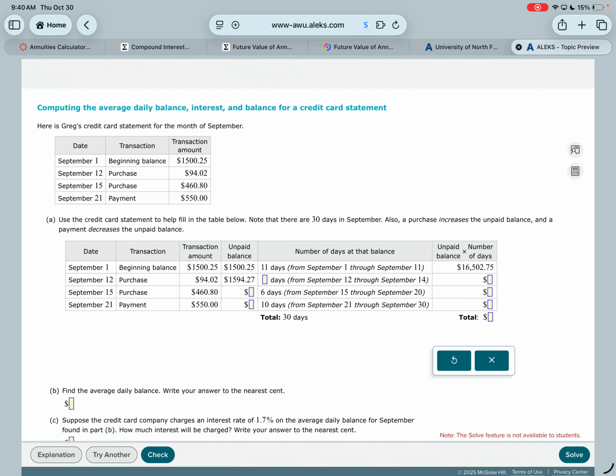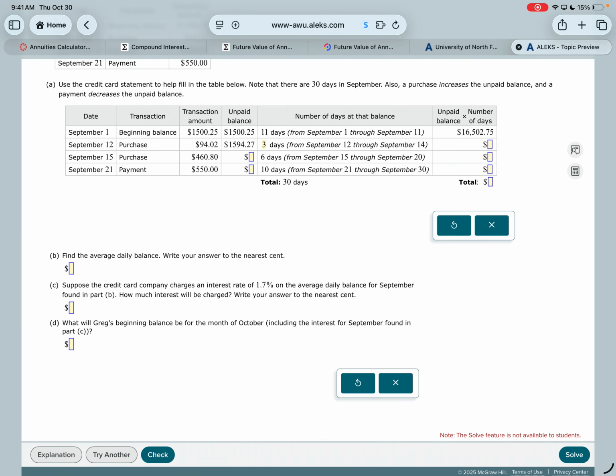Okay. I don't think I need to show you how to do this multiplication on the calculator, so I'll use my phone calculator. All right, so then after those 11 days, on the 12th day, we made a purchase of $94. So we add that to our unpaid balance, so we're at $1,594. From the 12th to the 15th would be 3 days.